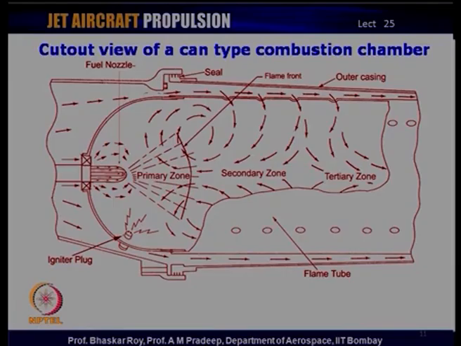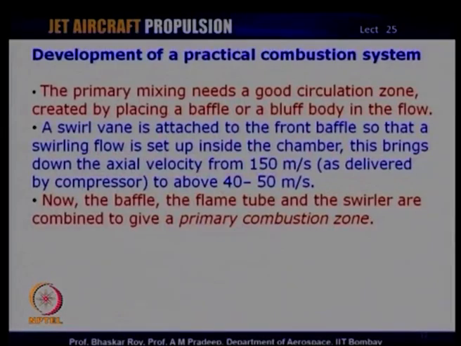So, we can sum up by saying that the development of a practical combustion system requires good mixing, the primary mixing or the pre-mixing before the combustion requires a good circulation zone, and this is created by placing a baffle or a bluff body in the flow.